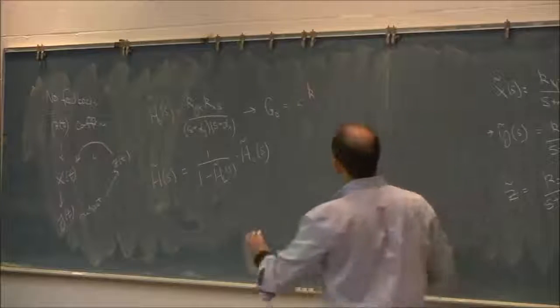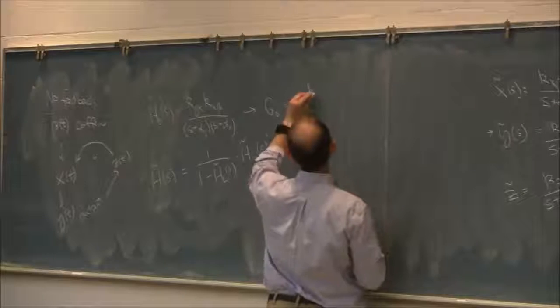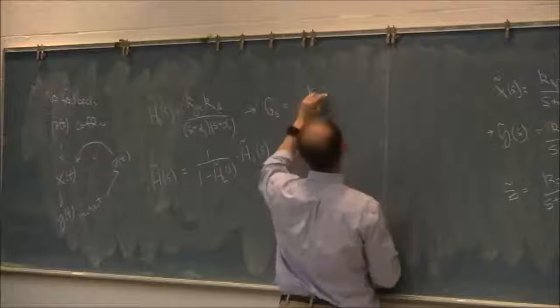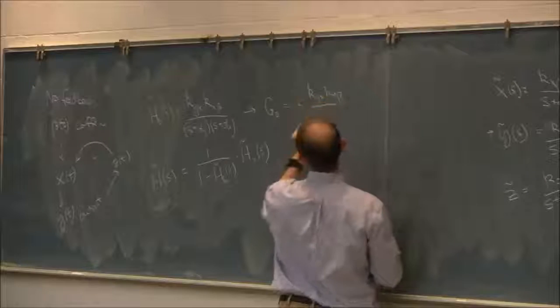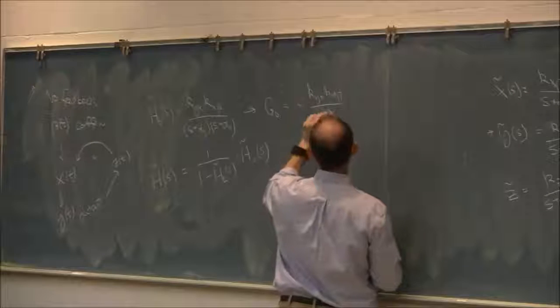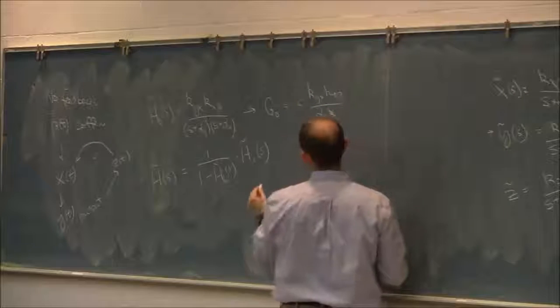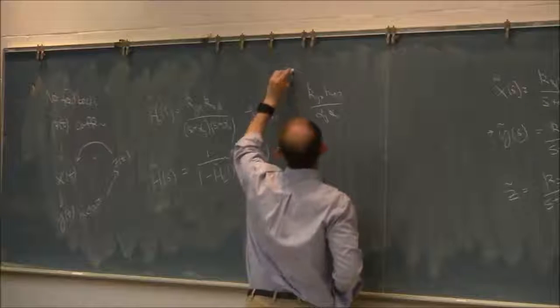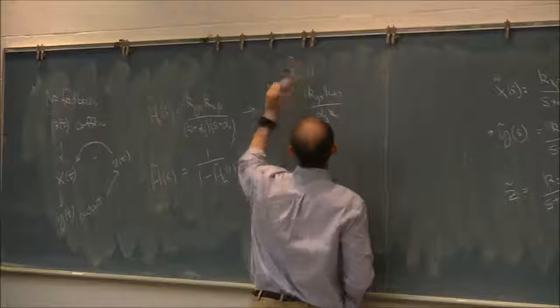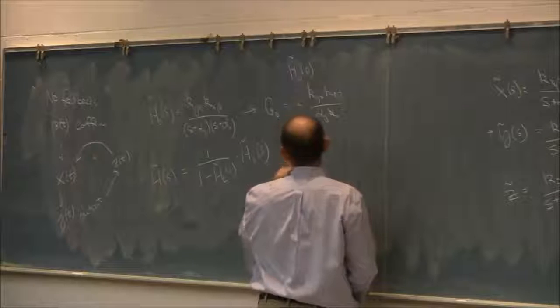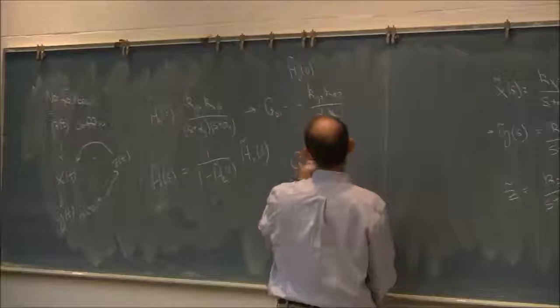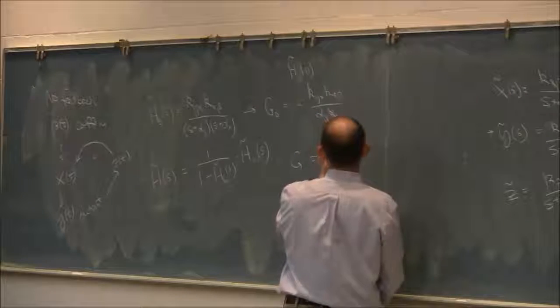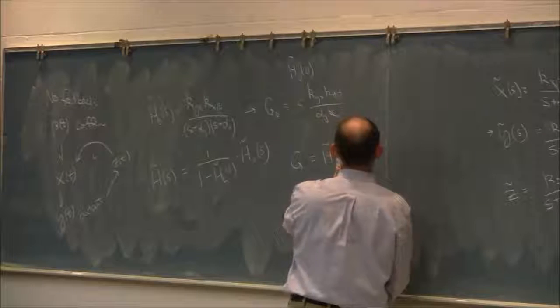Okay. So here we have k_yx, k_x beta over alpha_y alpha_x. Remember, the gain G0 is h tilde 0 of 0. So the gain with feedback is h tilde of s at s equals 0.